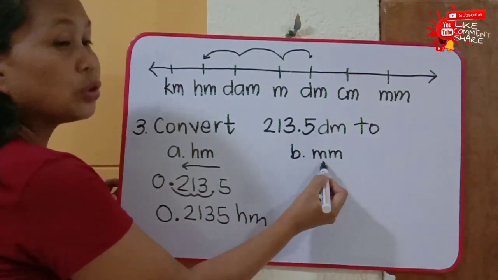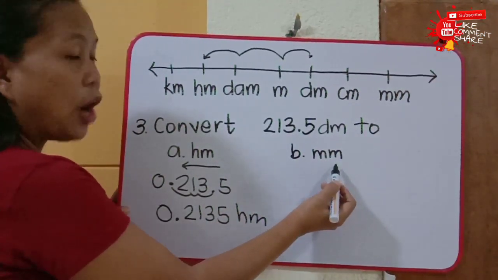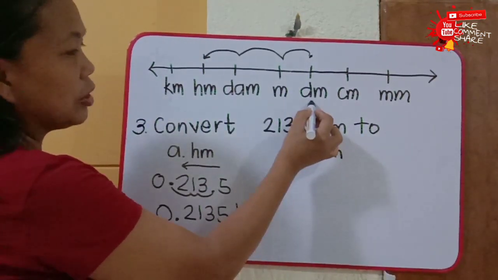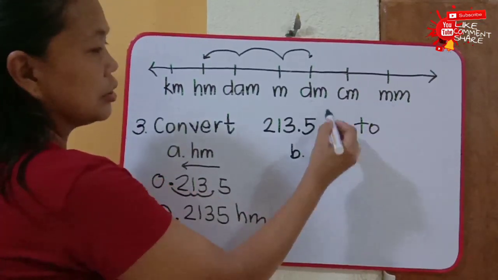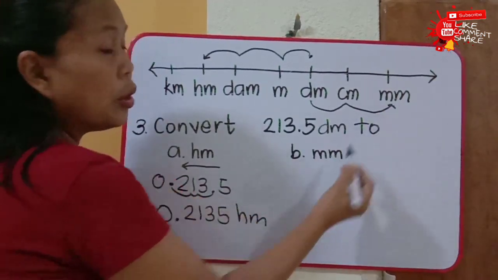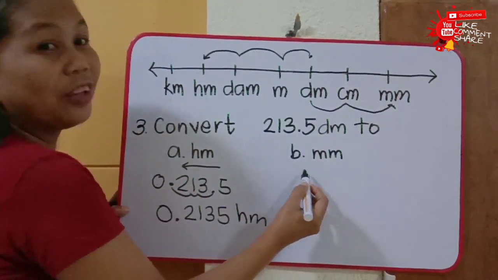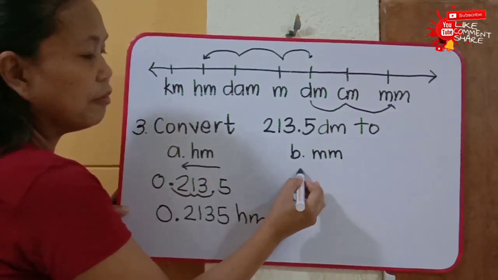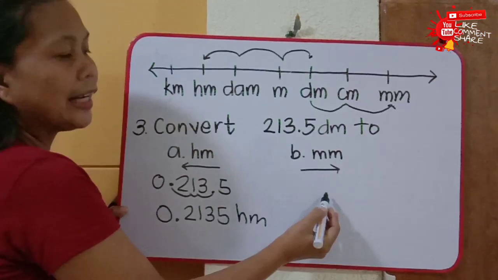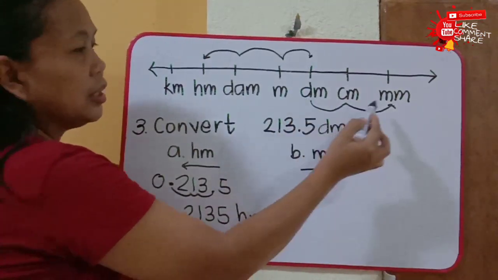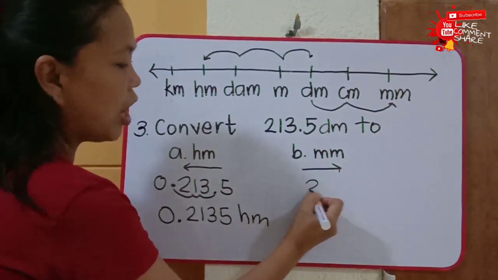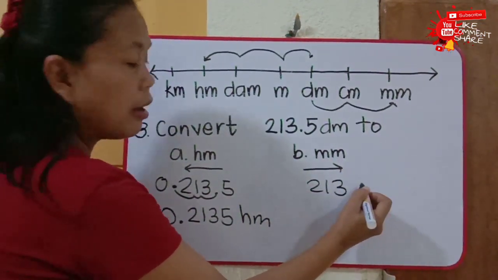Now let us convert 213.5 decimeters to millimeters. Let us count the number of movements of the decimal point from decimeter to millimeter. So we have here 1, 2. So 2 movements of the decimal point. And what is the direction? We have to move the decimal point 2 places to the right, because from decimeter to millimeter, the movement is to the right. So we have here 213.5.